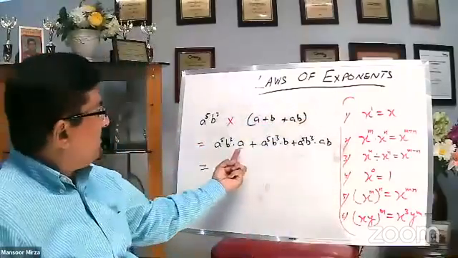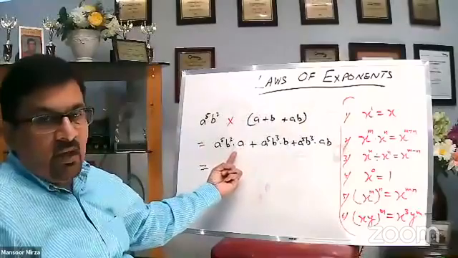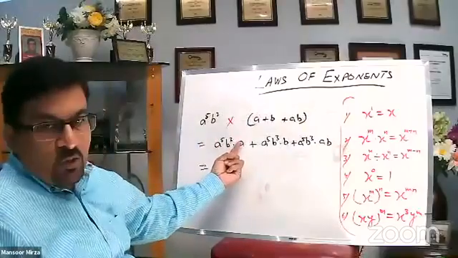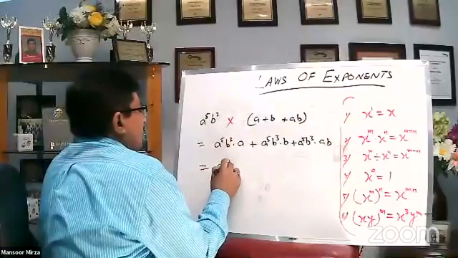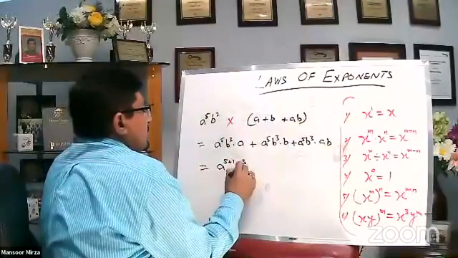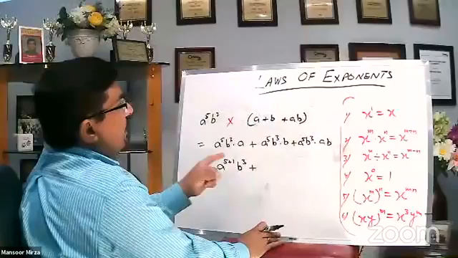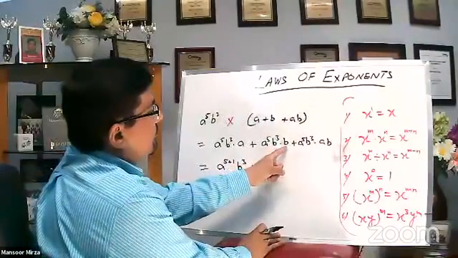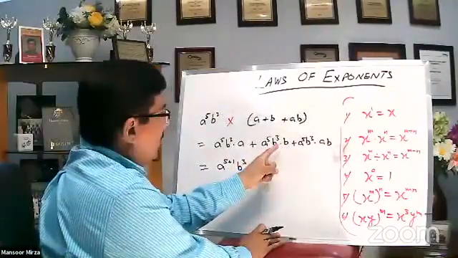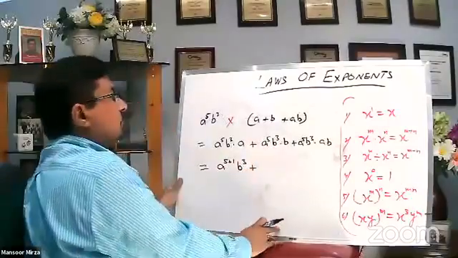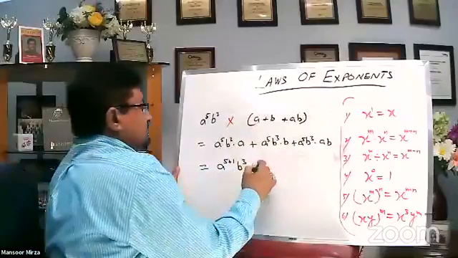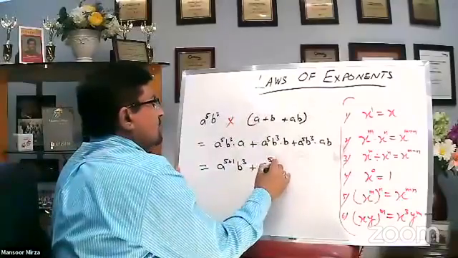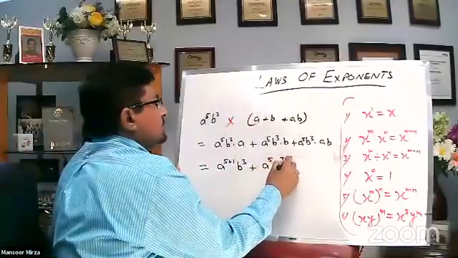So now, simple, use these laws. In this case, this a and a are the same base. I have 5 and this one has 1. So I can add these, so I can say a^(5+1) b^3. In this case, I have b with exponent 1 and this b has exponent 3. So I can add these as b^(3+1). So a^5 b^(3+1).